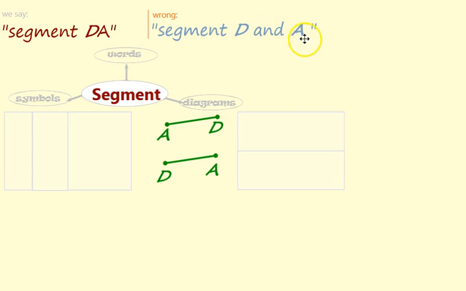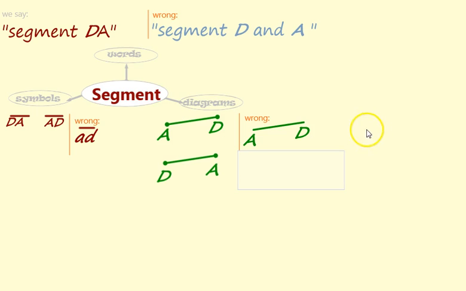That would be incorrect. If we were to use symbols, we would write it DA and AD with a symbol of a segment on top. Notice how that symbol looks. We would not be able to use lowercase letters. They are not used on diagrams either.